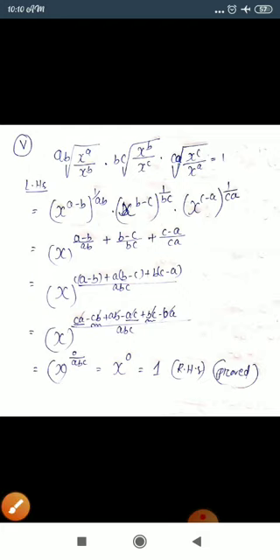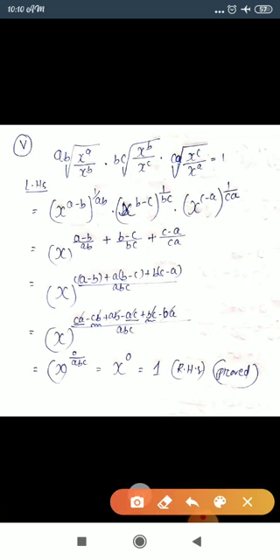AB root x means x to the power 1 by AB, no? So that's why it is x to the power a minus b, whole to the power 1 by AB, here 1 by BC and 1 by CA. Now you got it. Now just multiply the exponents of like bases.